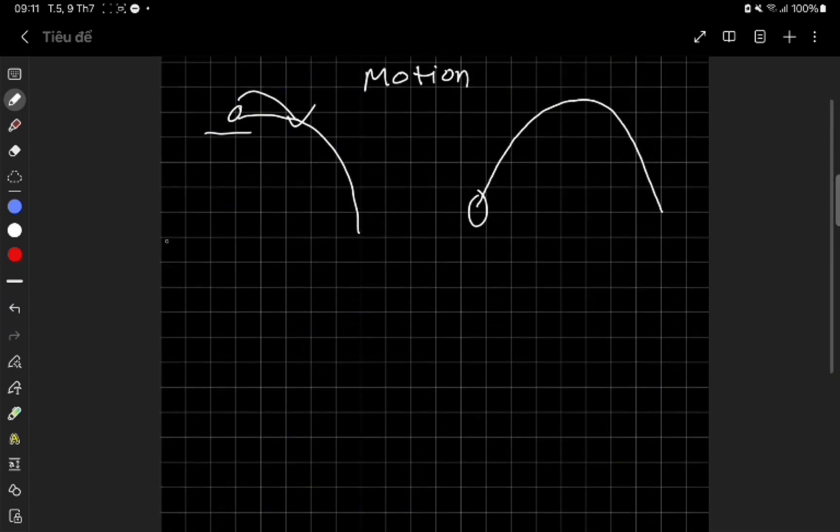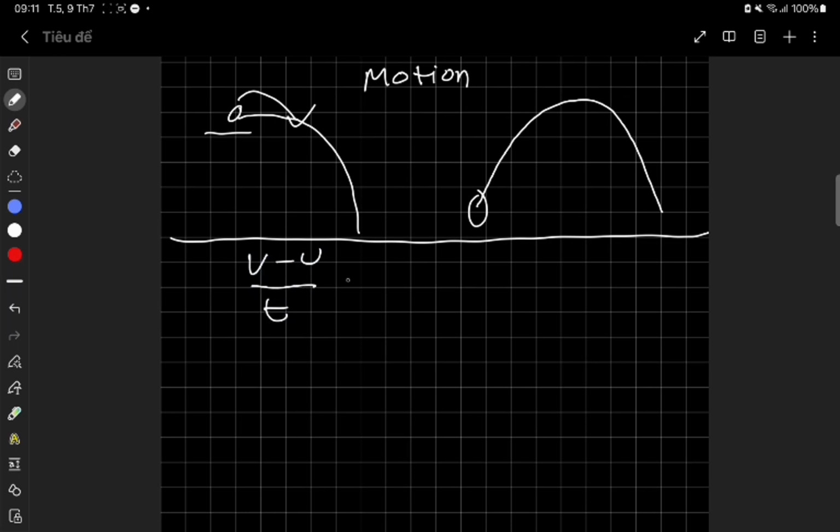And there are a lot of formulas for calculating different values within the motion, but you have to remember three of the most important ones. In the first, A is the acceleration, V is the final velocity, U is the initial velocity, and T is the time.